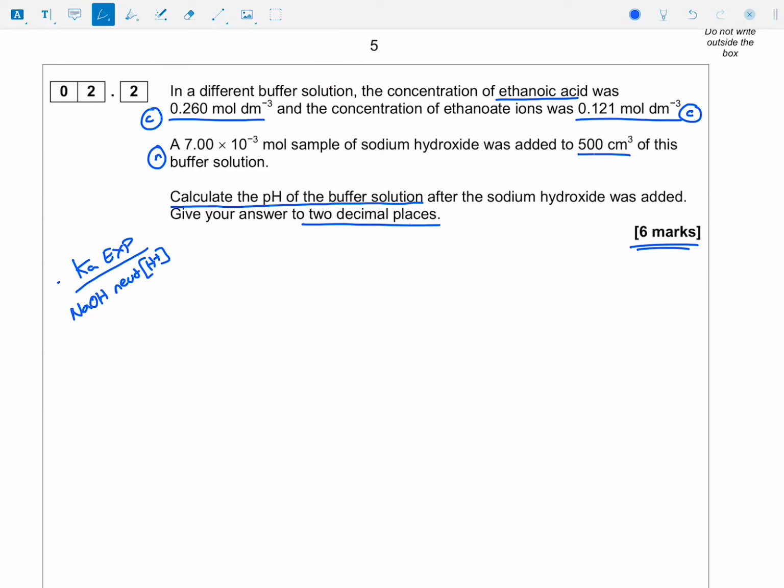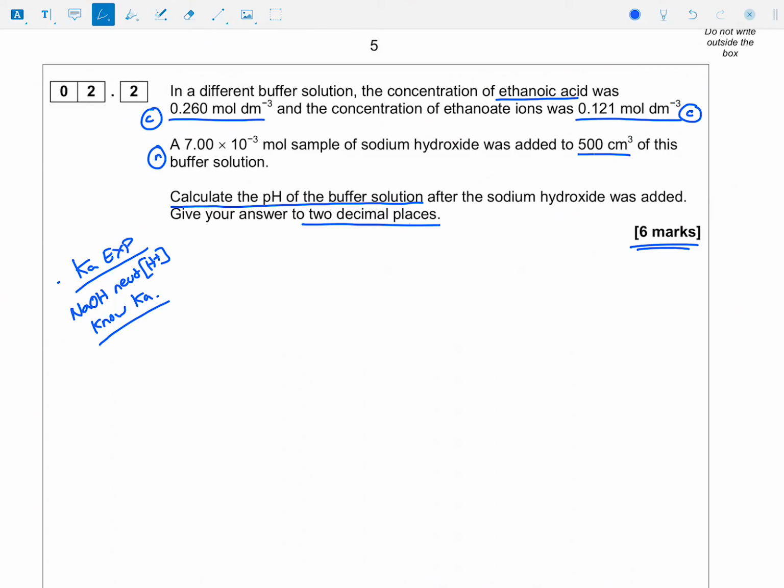So Ka expression, look at the number of moles of sodium hydroxide. Look at the number of moles of acid that we've got. And what happens when it comes to neutralization, how much acid is left over, and we've got a new concentration of hydrogen ions then, haven't we? Of course, we've still got the same Ka, so we know Ka as well.